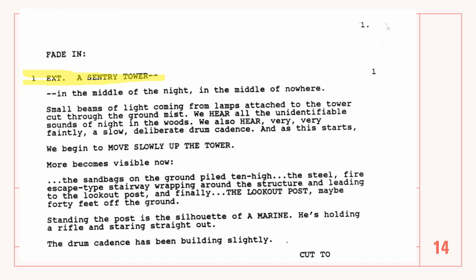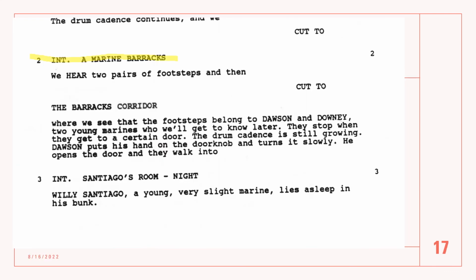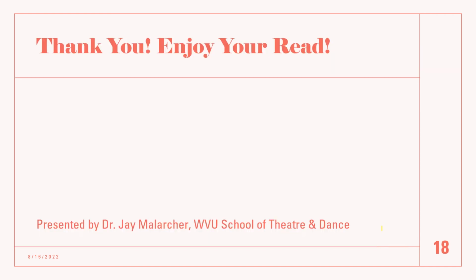That tells the production designer where to be, tells the director how many different setups they need. So scene 1 is an exterior. Scene 2, as we'll see later, comes as an interior in the barracks, and then other things that are described here. So that's pretty much what we have as far as screenplay formatting.